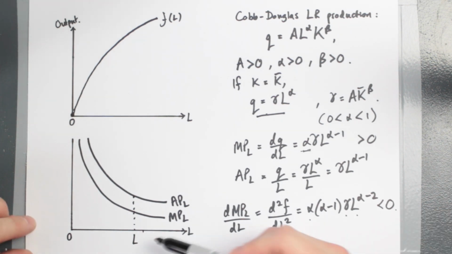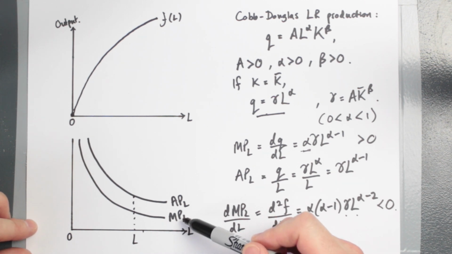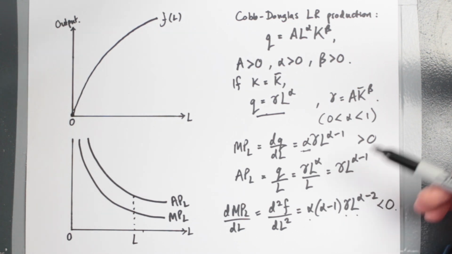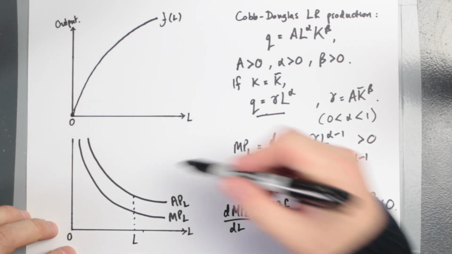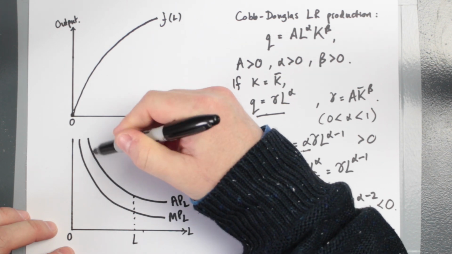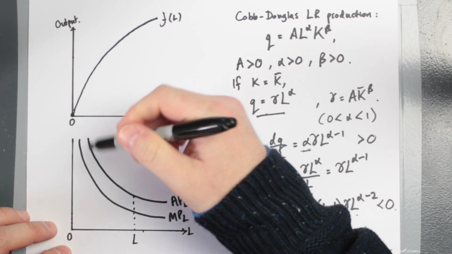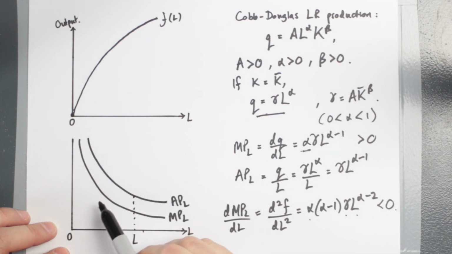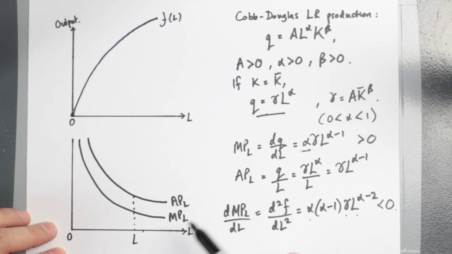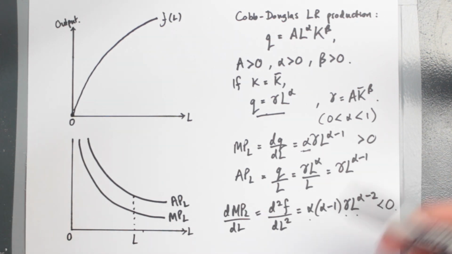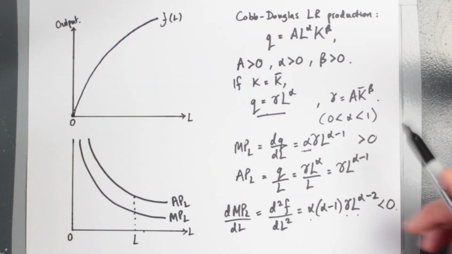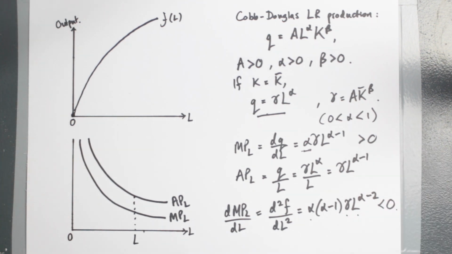So if I employ one more person and that person is producing less than the average, then the average is being pulled down. So the fact that this average product of labour schedule is downward sloping is related to the fact that the marginal product of labour is always less than the average. Every time we employ another unit of labour, it's pulling that average down.